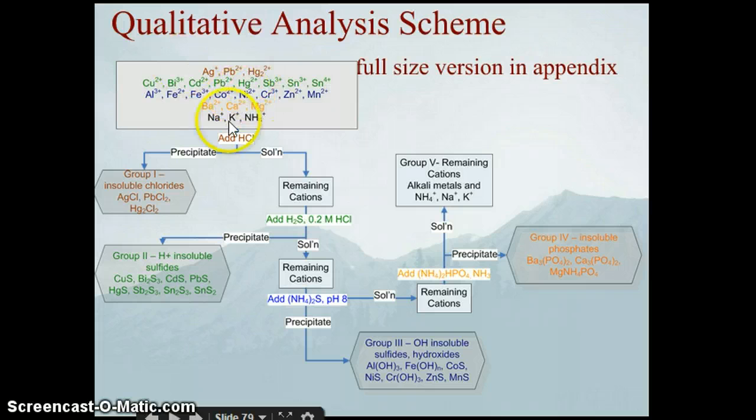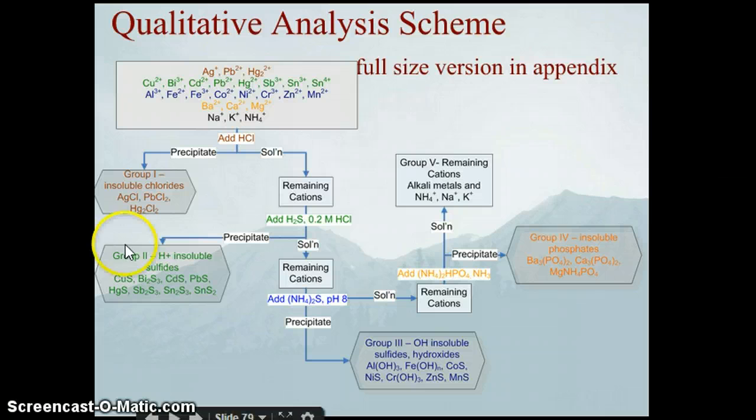So if I add HCl to my unknown solution and I get a precipitate, I can, beyond a reasonable doubt, conclude that at least one of those group 1 ions is in there. Now, from this analysis, I don't know if that precipitate is silver chloride, lead chloride, or mercury chloride, or it could be 2, or it could be all 3. That I don't know.